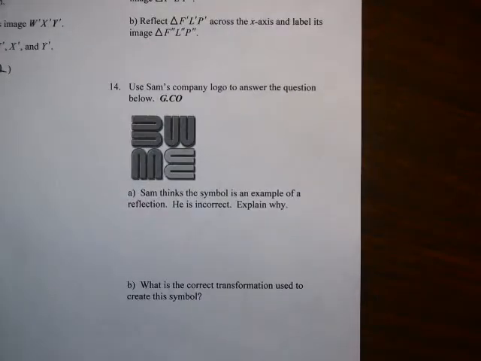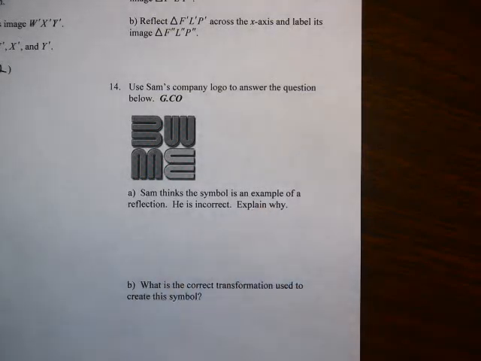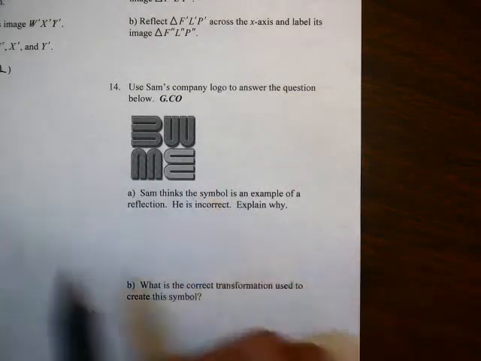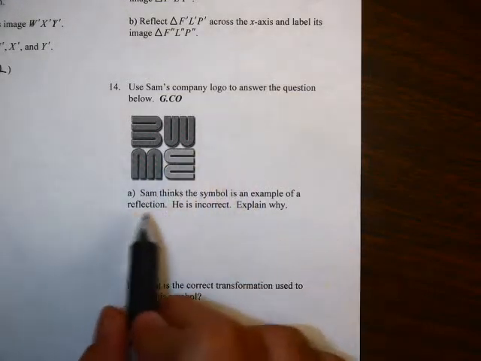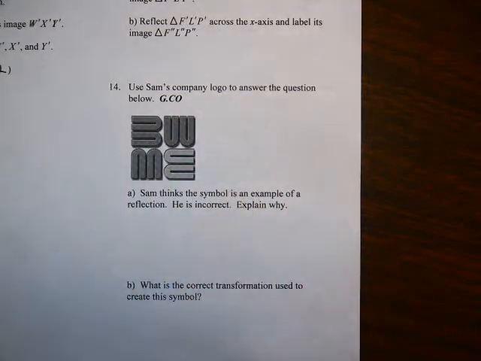Number 14 says use Sam's logo to answer the question below. Sam thinks the symbol is an example of a reflection. He is incorrect, and explain why. Now for a reflection, what they're saying is that we should be able to draw a line, what's called a line of symmetry.